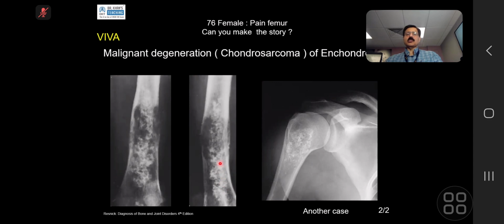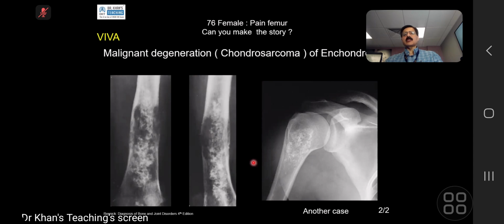The story is that originally this lesion was an enchondroma, and then it develops a lucency. If you see the cortex, this cortex is eroded, and there is a criteria which I will cover again when we do bone tumors, where more than 1/4 or 1/3 the thickness of the cortex is eroded, or the height of the lesion, etc. So you will say that this is malignant transformation of enchondroma.